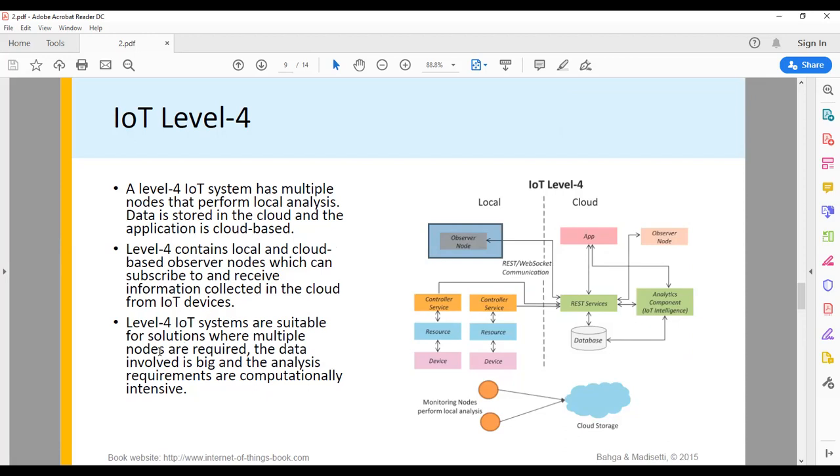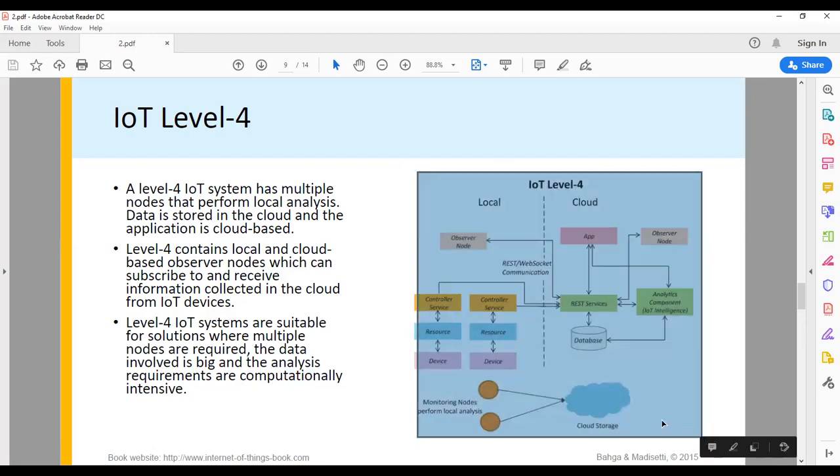IoT systems at this level are suitable for solutions where multiple nodes are required, the data involved is big, and the analysis requirements are computationally intensive. Okay, so this is what we deploy nowadays. Many systems prefer this level 4 design model for their IoT devices.